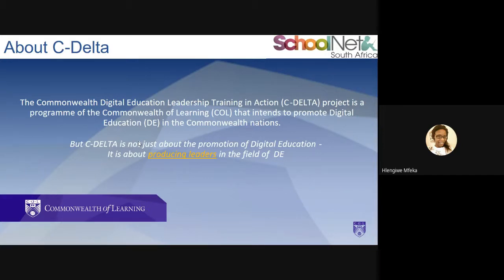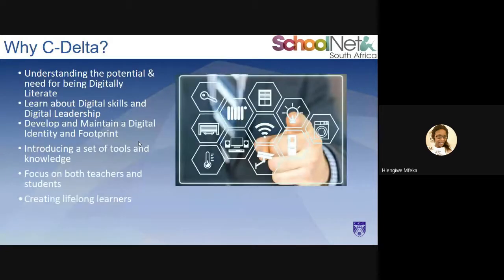So the program is not only for you to become aware of what digital education entails, but also for you to be an influencer, for you to produce other leaders in this field.